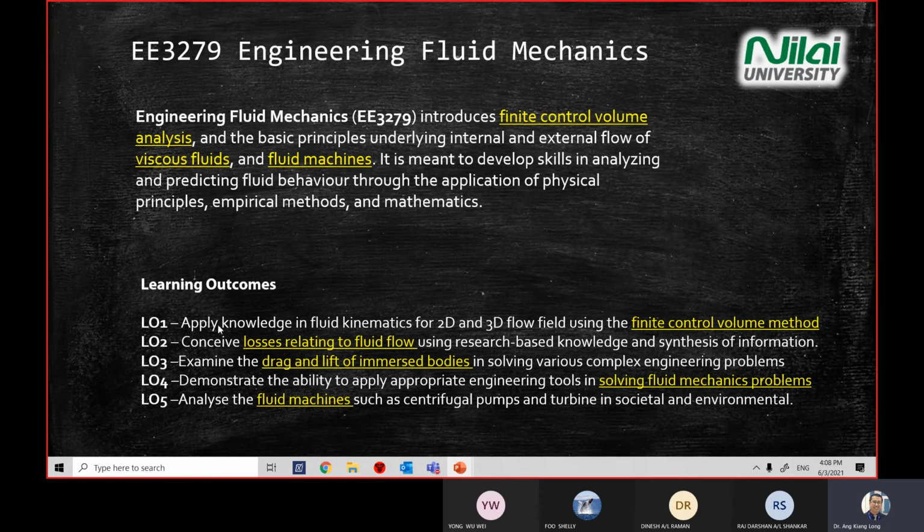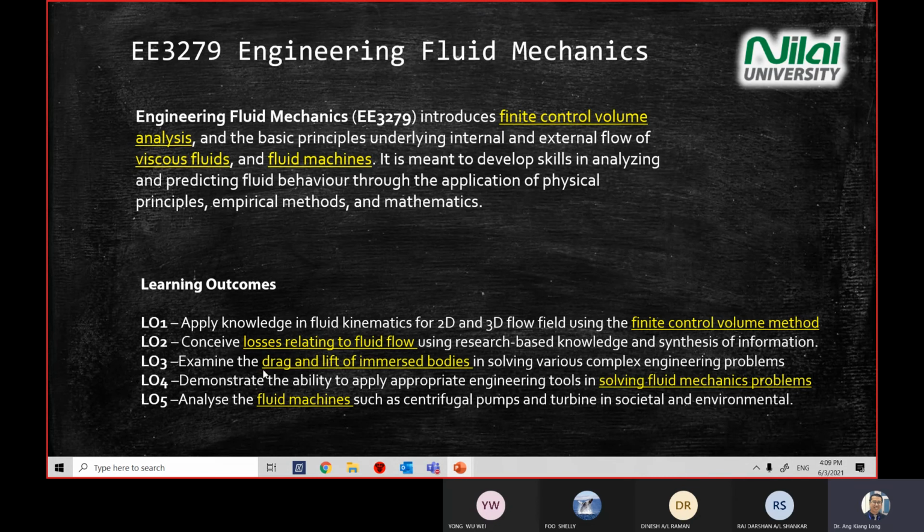The first learning outcome will test your understanding and application of the finite control volume method for 2D scenarios. Although here we will cover 2D and 3D, in your test or final exam we will only cover 2D cases. For LO2, we will look at losses in a fluid.